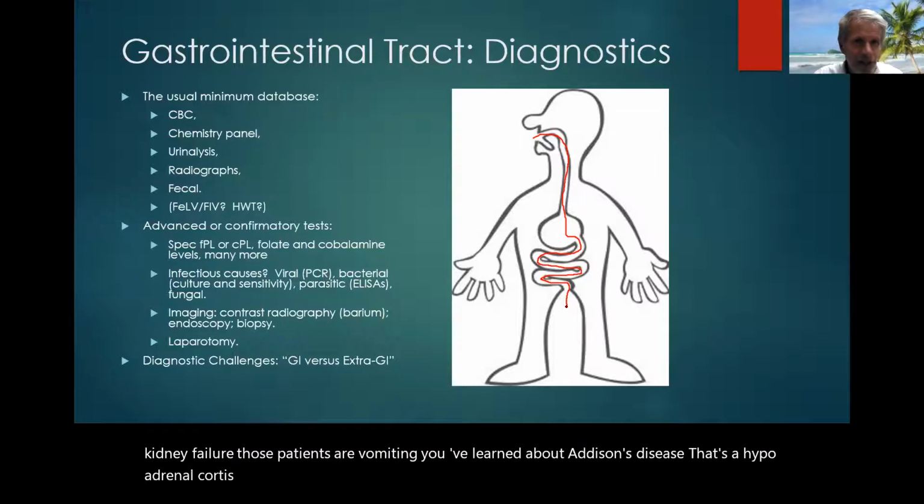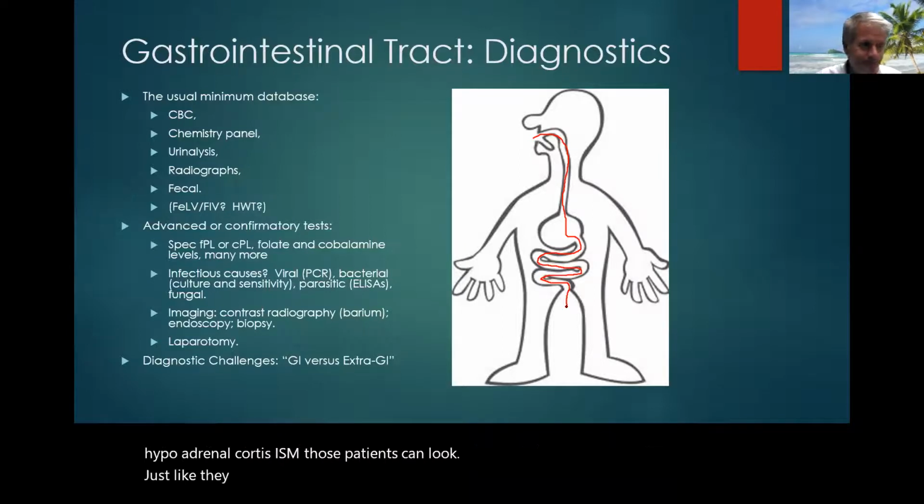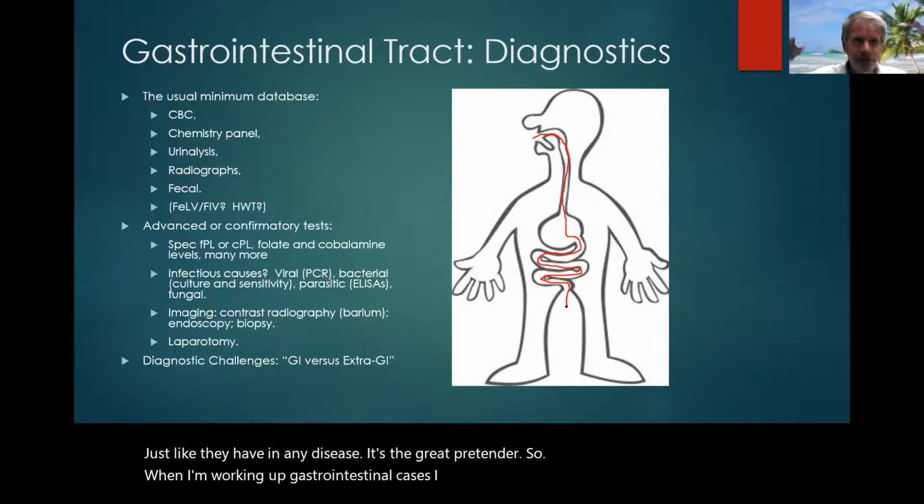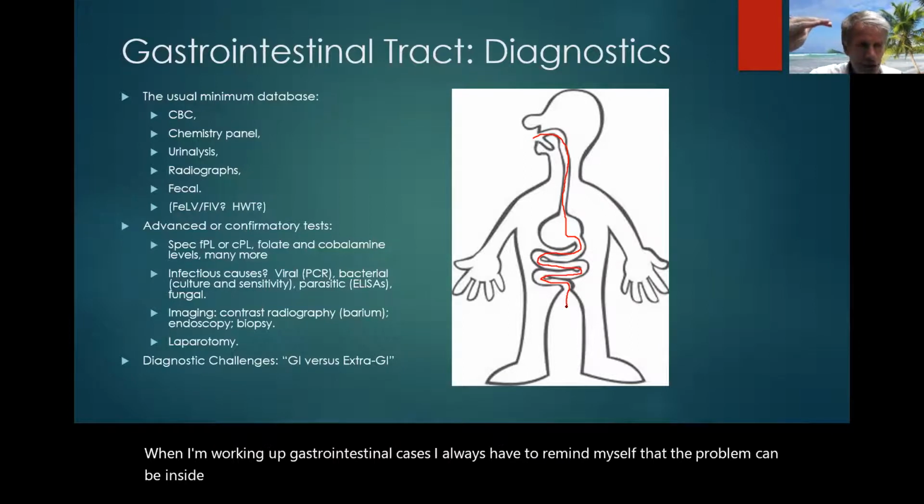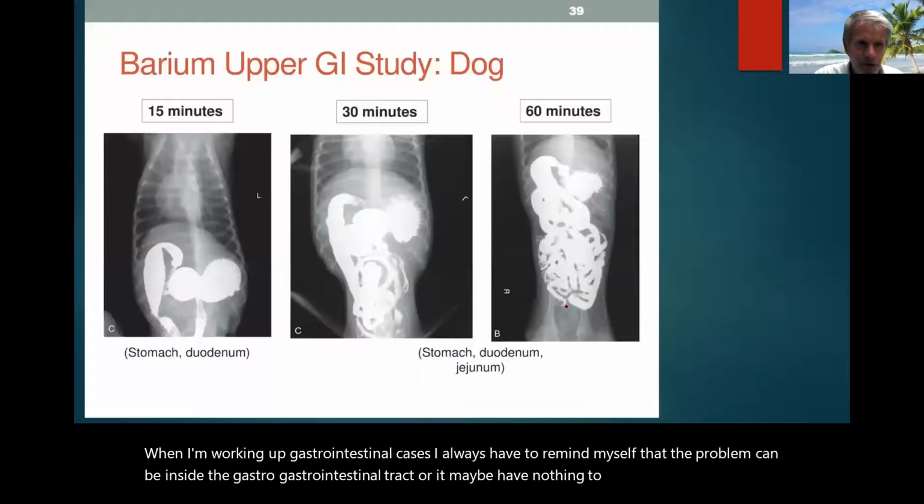Those patients can look just like they have any disease. It's the great pretender. So when I'm working up gastrointestinal cases, I always have to remind myself that the problem can be inside the gastrointestinal tract, or it may have nothing to do with the gastrointestinal tract.